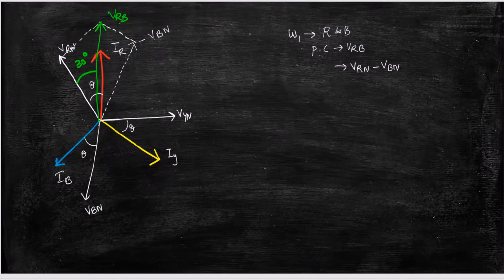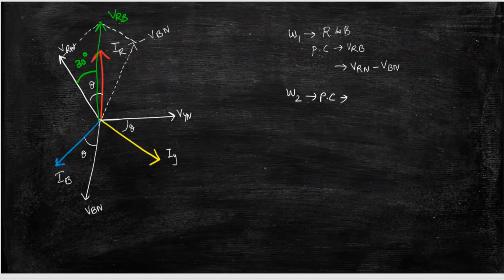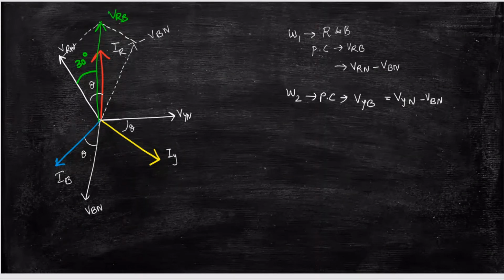Similarly, the W2 pressure coil is connected between which phases? See here, it is connected between Y and B. So VYB is the voltage, which is equal to VYN minus VBN.